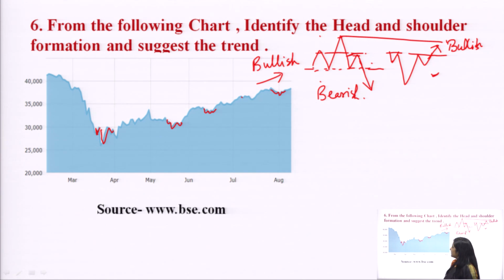It means the investor should buy this kind of security, because in the near future there is a trend reversal from the bearish to the bullish market. Yes, the prices are moving down, but there is some momentum which is increasing these prices. So, we can identify what kind of trend we have: right now there is a bearish trend, but due to the head and shoulder formation there would be a bullish trend in the future. So, one should buy this kind of stock, this kind of signal is being indicated.